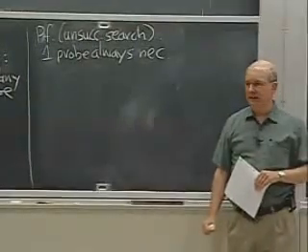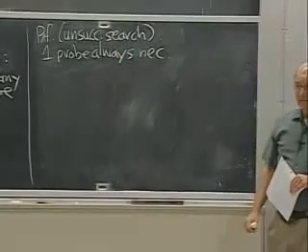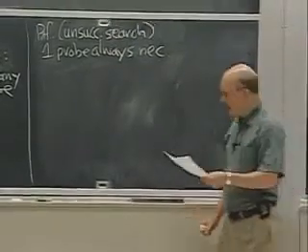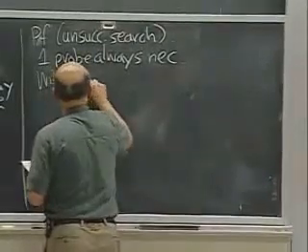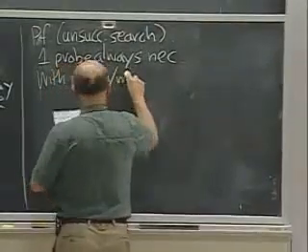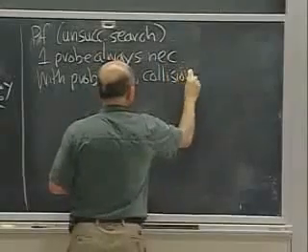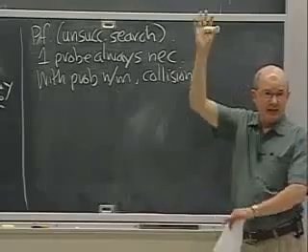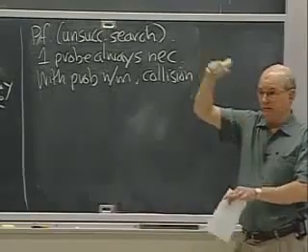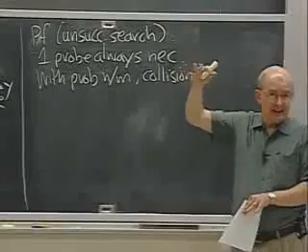Yeah, n over m. So with probability n over m, we have a collision, because my table has n things in there, and I'm hashing at random to one of them. So what are the odds I hit something? n over m.